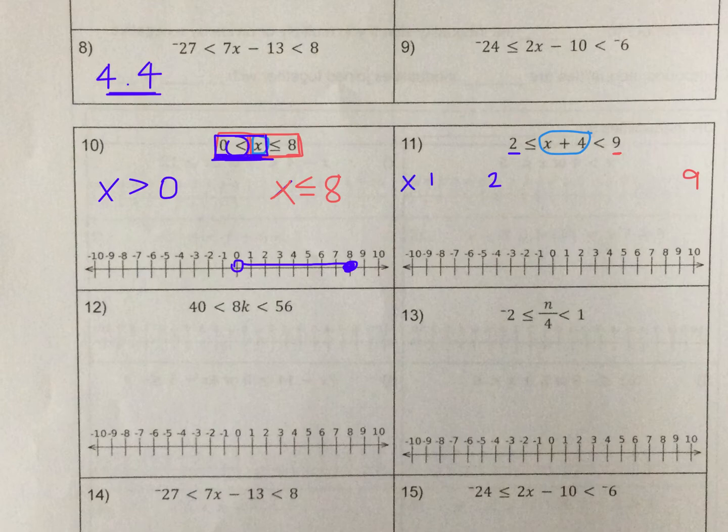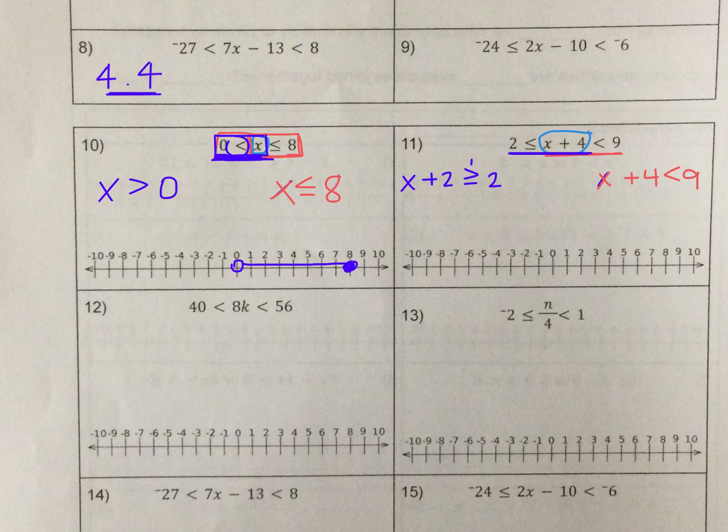So x plus 4 will go with the 2, and x plus 4 will go with the 9. Now, we need to put in our alligator mouths. So this one is copied down in the same exact order, so I make it less than. This one, the order is backwards or flipped over, so I'm going to flip it.